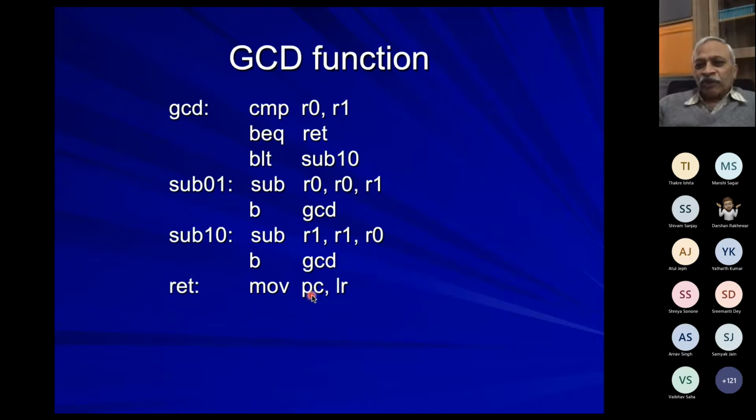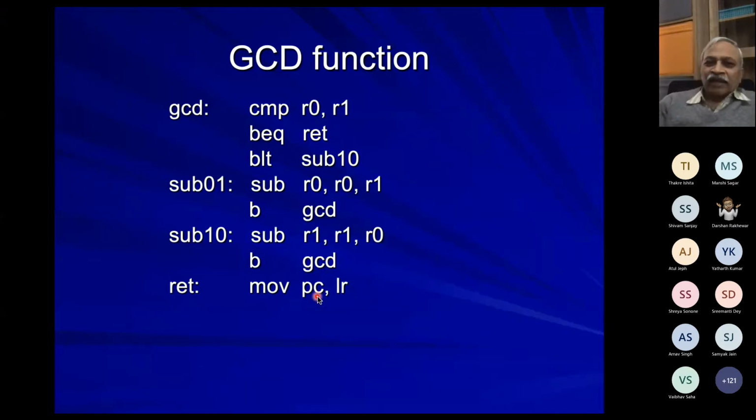PC always points to the instruction which is to be executed. The processor hardware looks at PC, takes that address, gets one instruction from memory, and executes. While executing, PC moves to the next instruction. So the next instruction is fetched, executed, and PC moves to the next instruction.